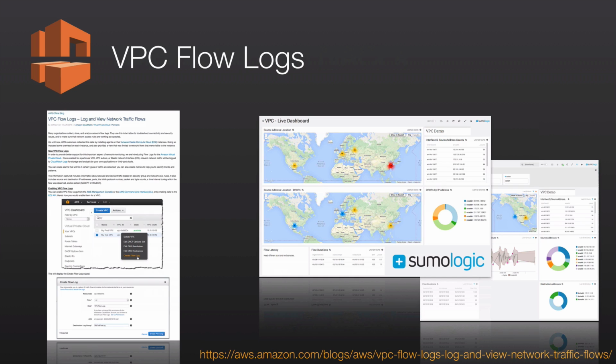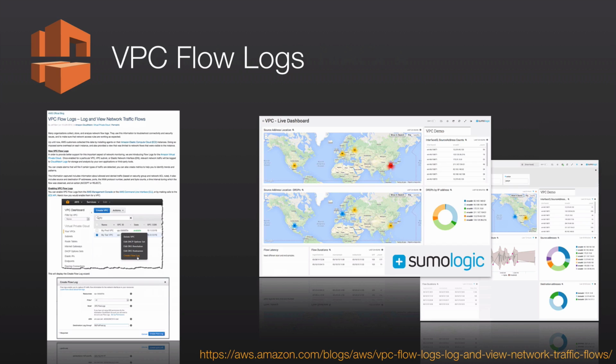The information captured here includes information about allowed and denied traffic based on security group and network ACL rules. It also includes source and destination IP addresses, ports, the IANA protocol number, packet and byte counts, time during which the flow was observed, and the action, accept or reject, taken by the security group or network ACL rules that apply to this traffic.